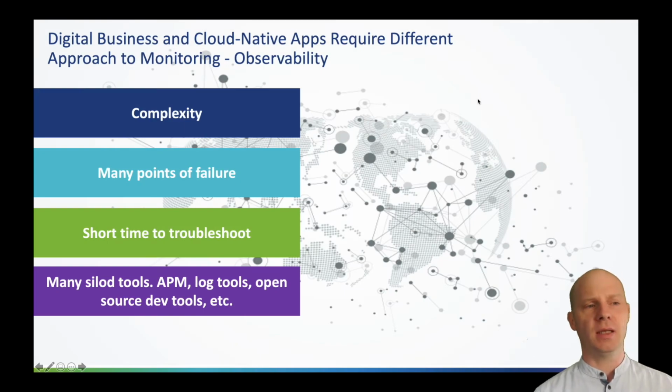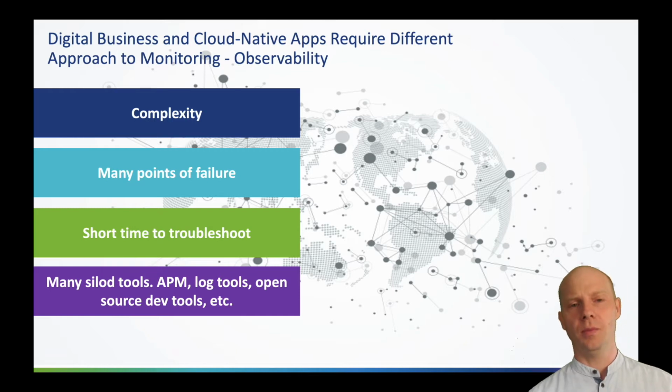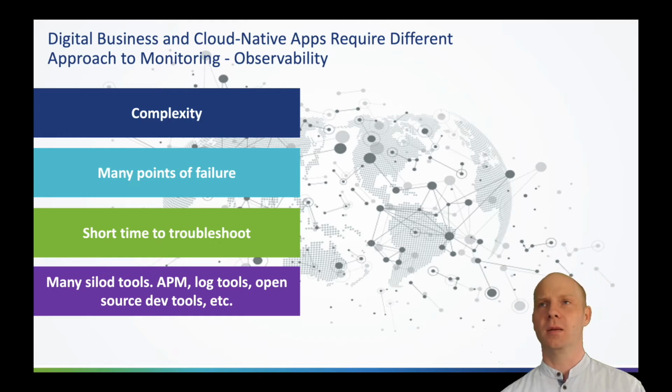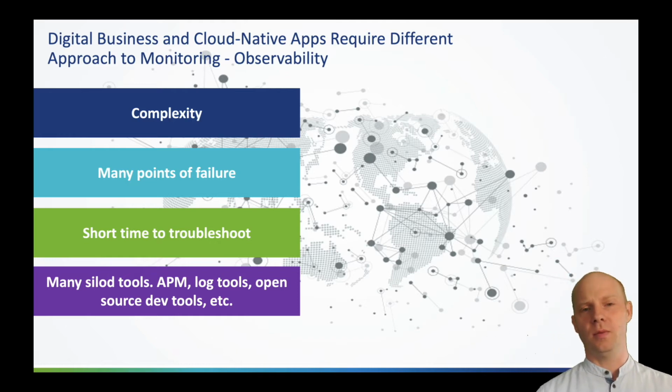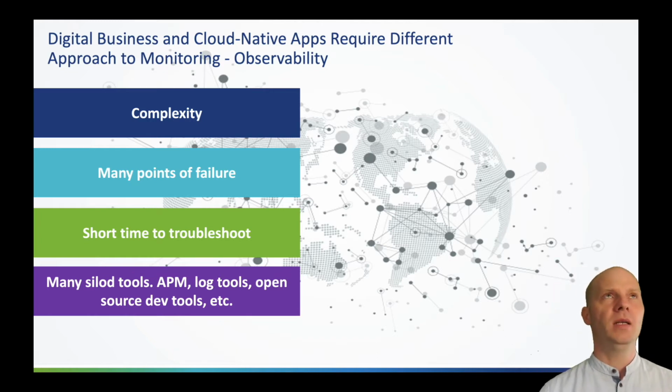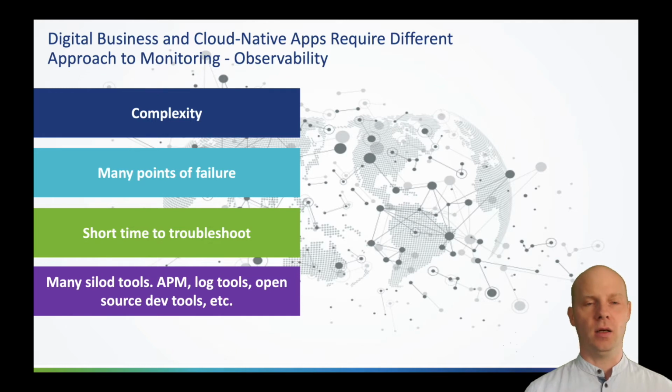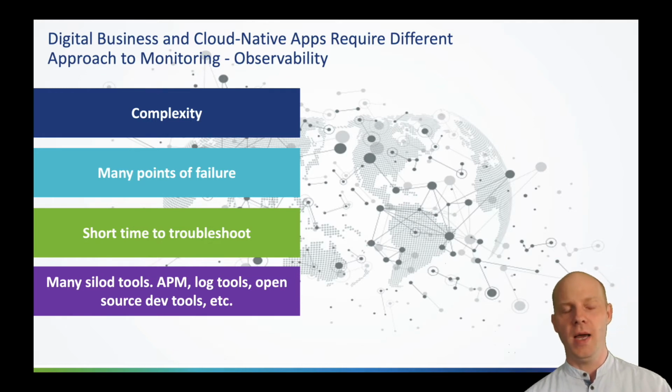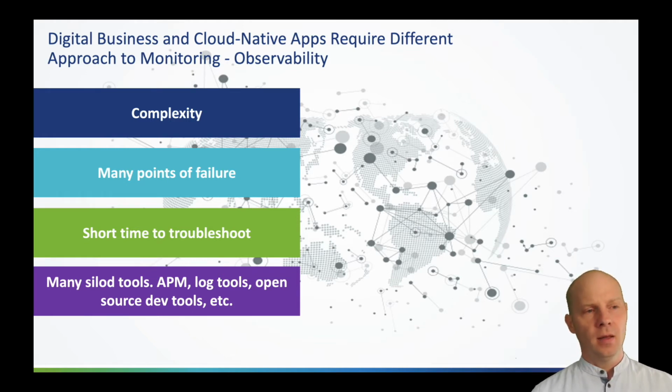So digital business and cloud native apps require a different approach to monitoring, to observability. And when we go and break up monoliths into microservices, we do shift the complexity. The complexity of the monolith does not go away. It moves into how the different microservices are talking to each other.